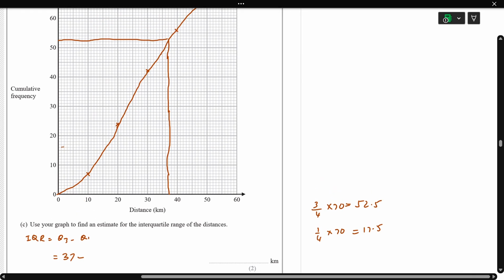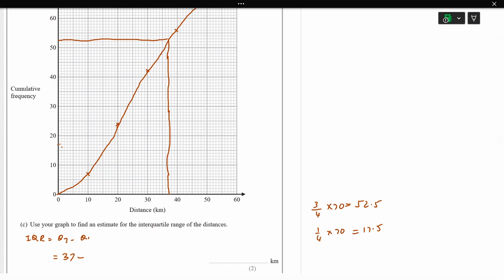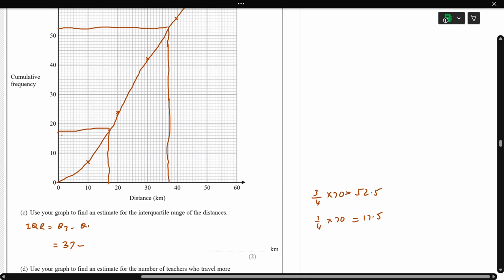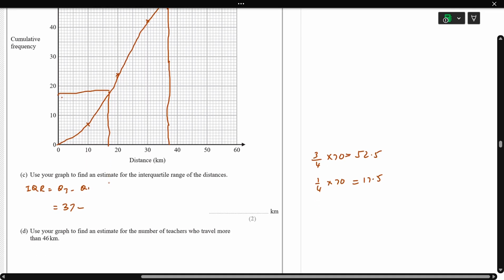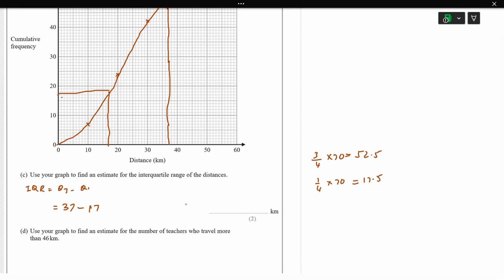Approximately it is here, which is around 17. So 37 minus 17, which is 20.